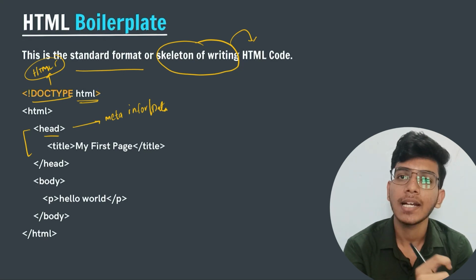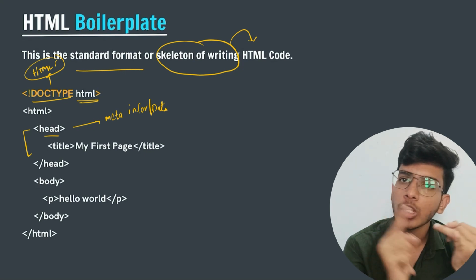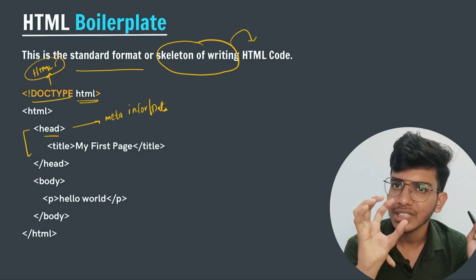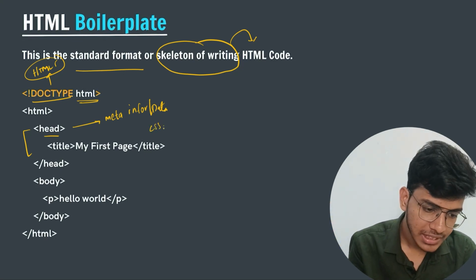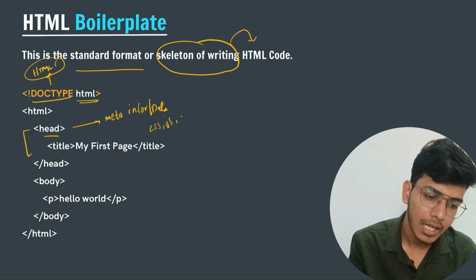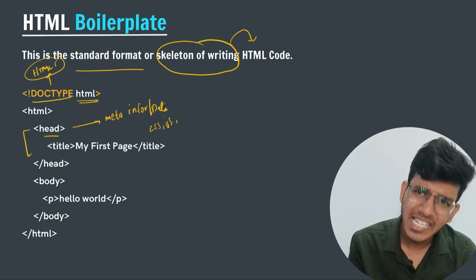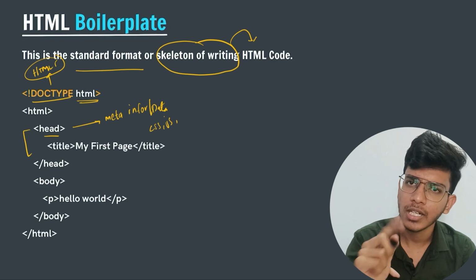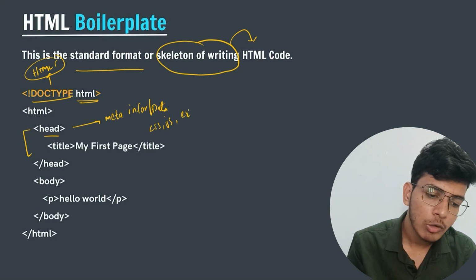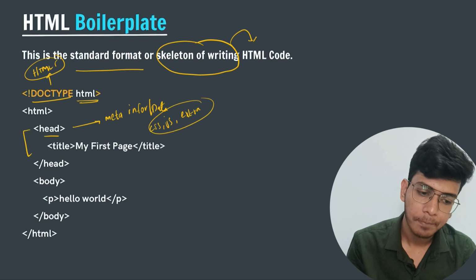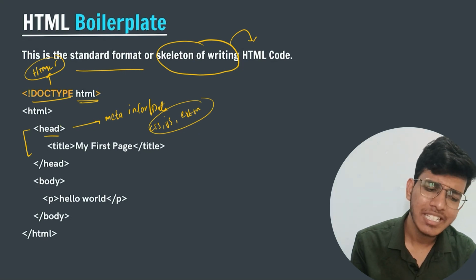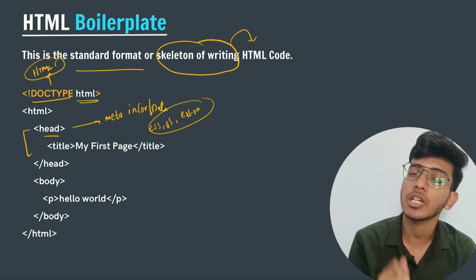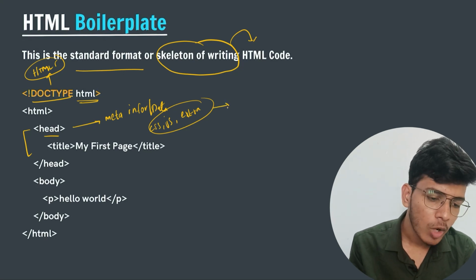In the head tag, we will give our styling, we will attach the CSS files and our JavaScript file. If there is some extra information that a developer should know, then we will give it here.